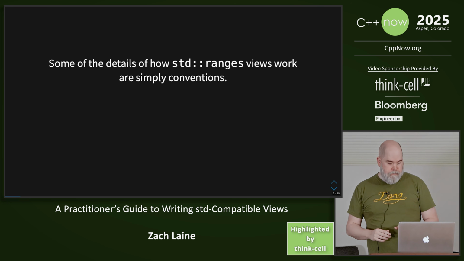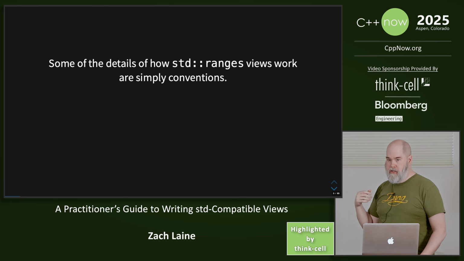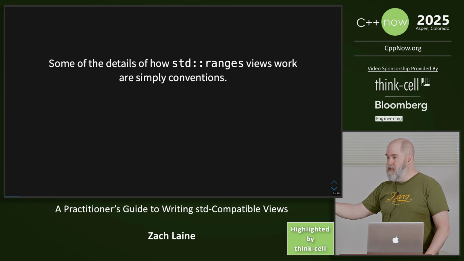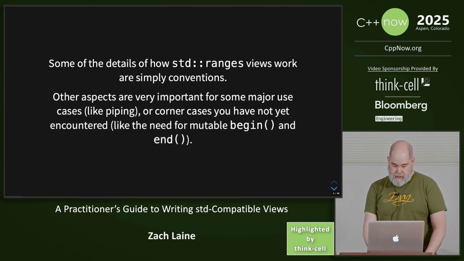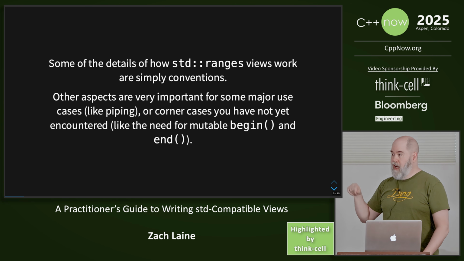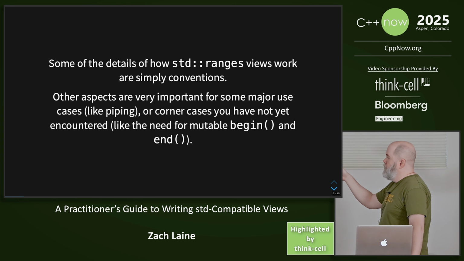Okay. So some of these details are just conventions, right? They're not strictly necessary, but this is the way it's done for consistency in the ranges namespace. However, there are other aspects that are absolutely essential. Things do not work if you don't take these certain steps. First and foremost is piping, right?